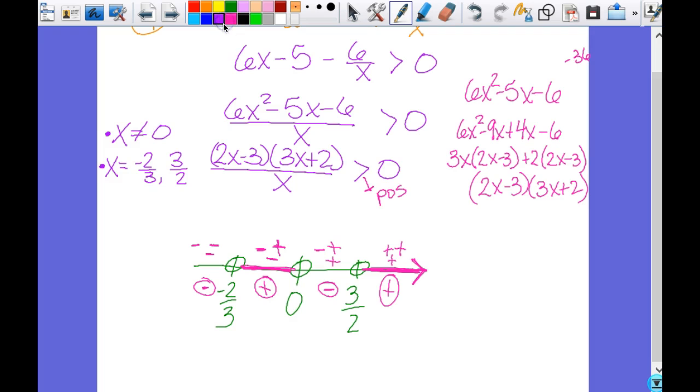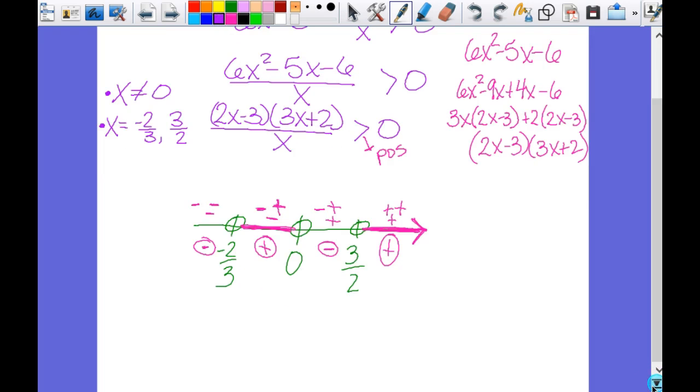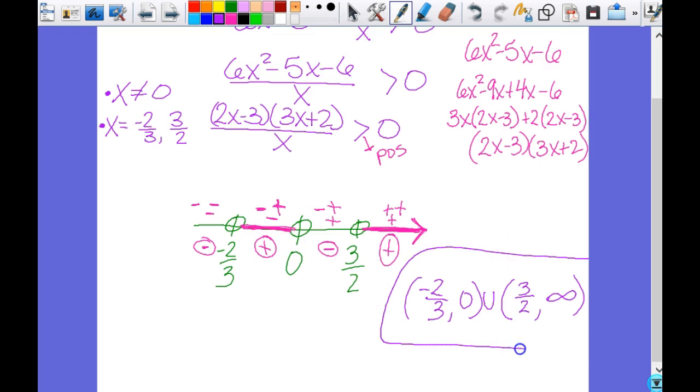And then I need to write my solution. So that means I can go from negative 2/3 to 0. Do I include either one of those? No. And then I go from 3/2 to infinity. There is my answer.